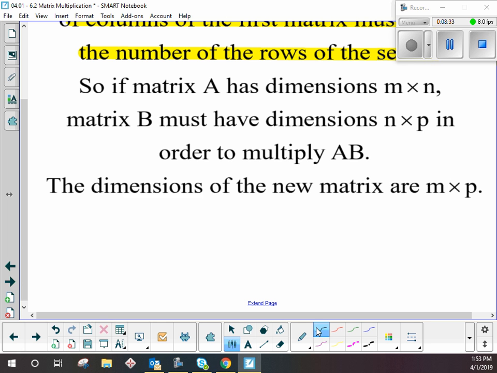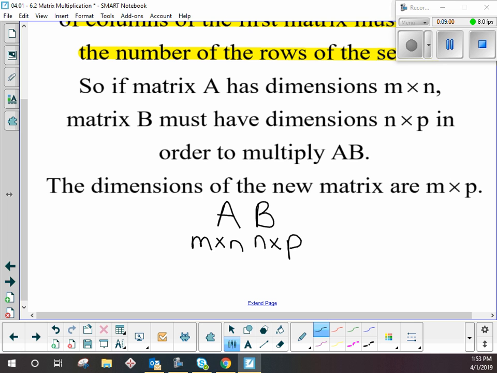This says if matrix A has dimensions m by n, so I'm going to just write that underneath. Then in order to multiply it by matrix B would need these dimensions, n by p. What's going on with both of them having an n as part of their dimensions?